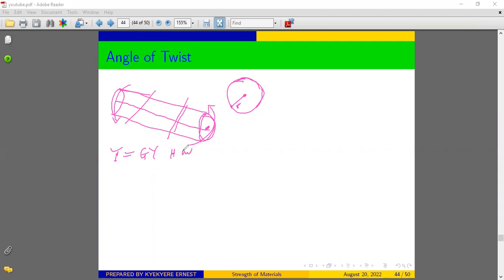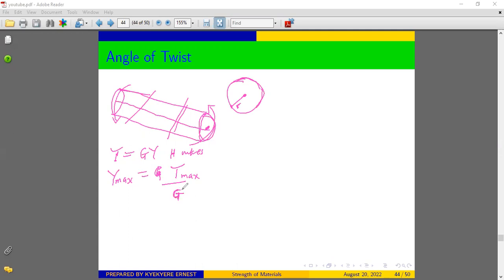So from our previous lecture, the maximum shear strain, gamma max, will be equal to, we want to make the shear strain the subject, so it will be equal to the maximum shear stress, tau max, over G, which is the modulus of rigidity.